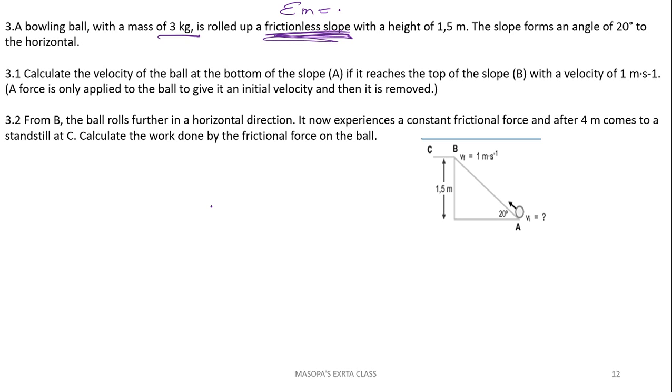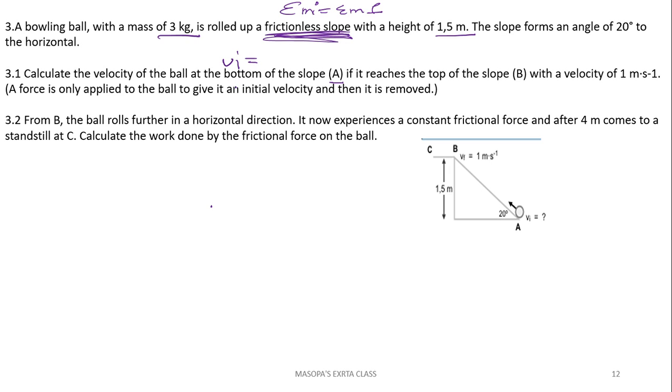I mean the Emac initial is equal to the Emac final. Now with a height of 1,5, the slope has an angle of 20 degrees. Now at 3.1 they say that you must calculate the velocity at the bottom of the slope A, meaning we need to calculate the initial velocity of this ball.